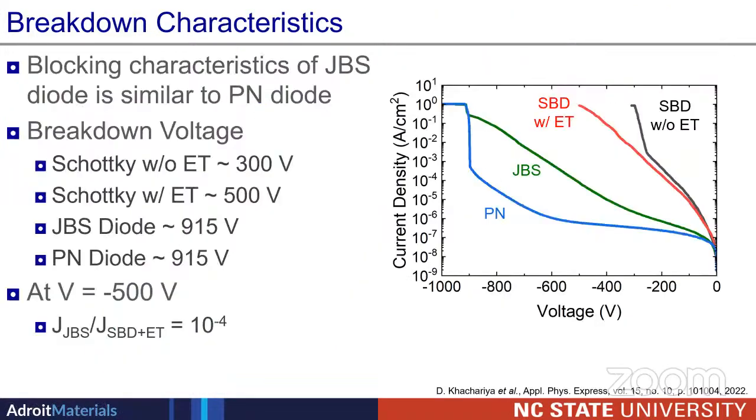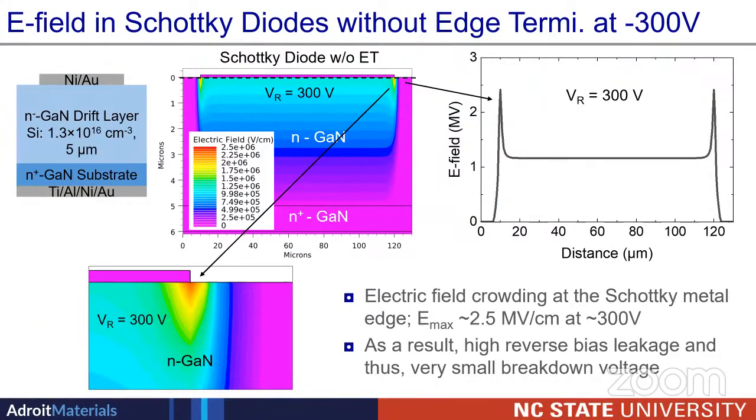This is the simulation that we can also do. All these results are experimental, but I can go back and simulate the devices and see what the electric field is. For the Schottky diode without any edge termination, here is the metal I was showing, and at the edge of the metal you have electric field crowding.